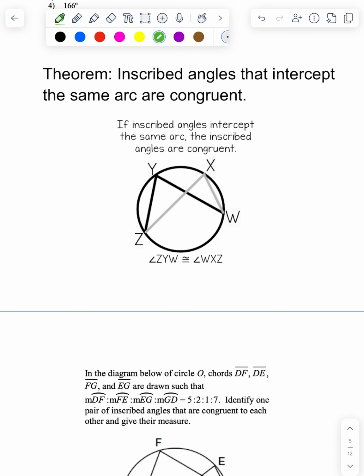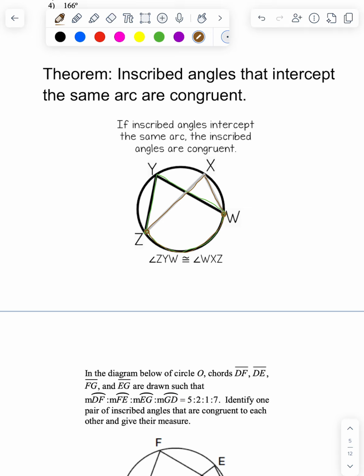If you take a look at this picture, and first, if we look at angle ZYW, it hits the circle at points Z and W, so its intercepted arc is ZW. And if we take a look at angle WXZ, I'm going to highlight that one in brown. It also hits the circle at Z and W, so its intercepted arc is also ZW.